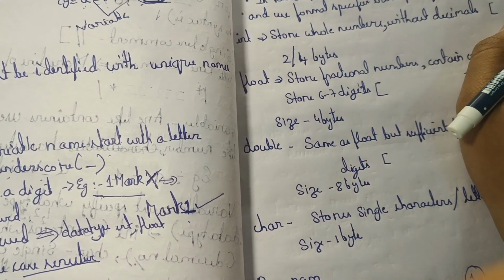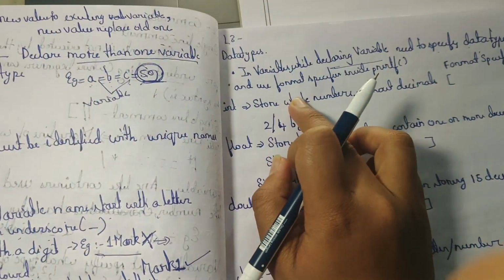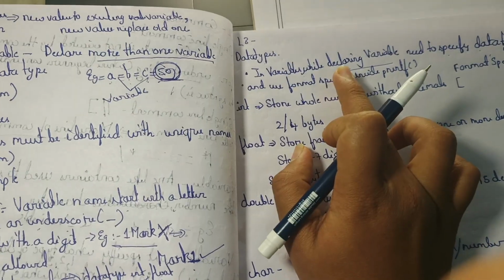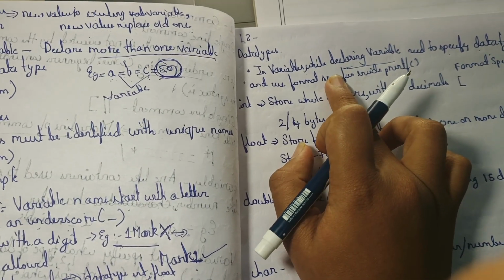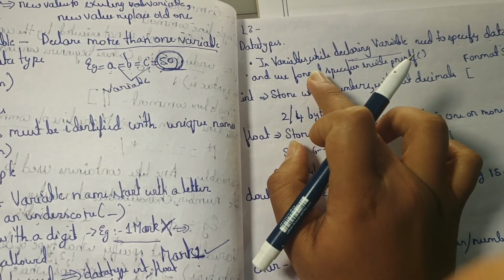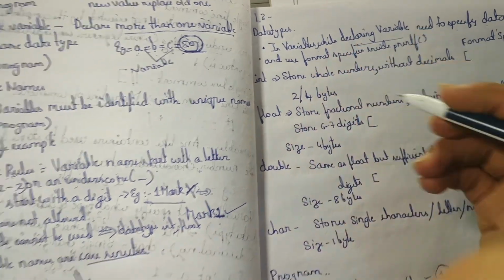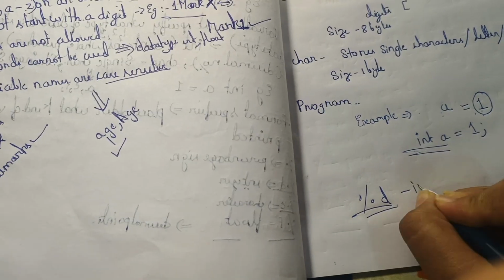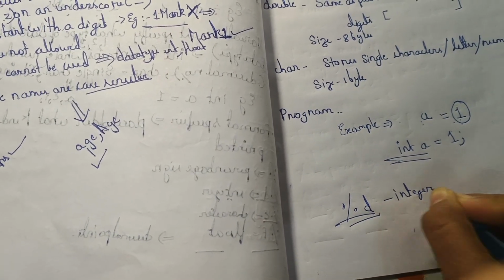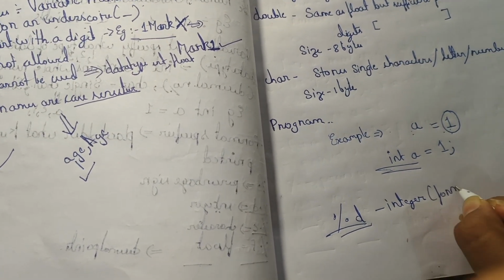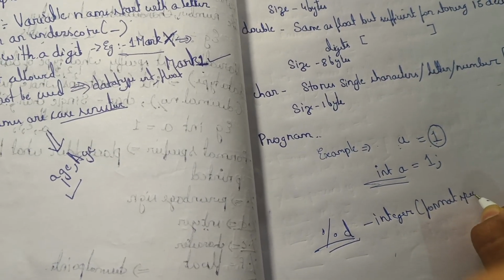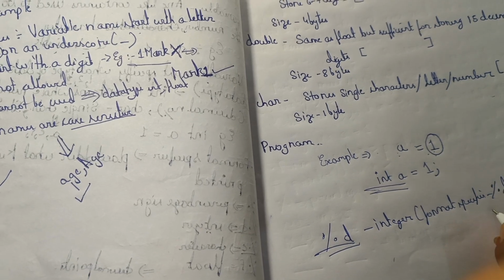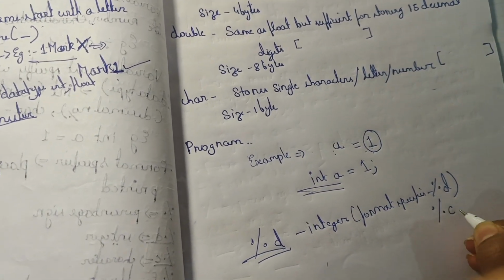We need to specify the data type, and we also have to use a format specifier. Why? Because when you want to print the value, if it is an integer value, we have to use %d. If it is a character, we have to use %c.